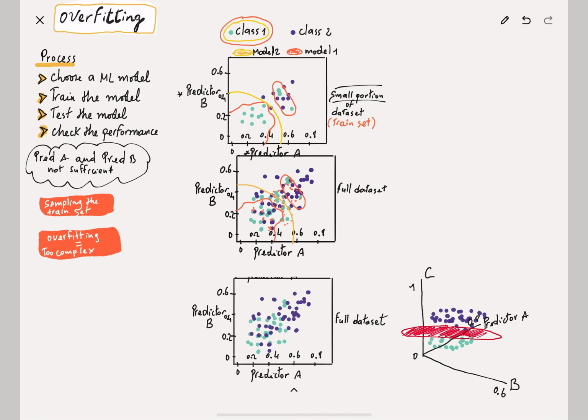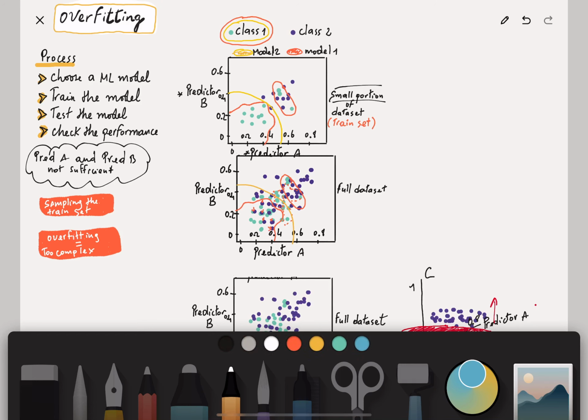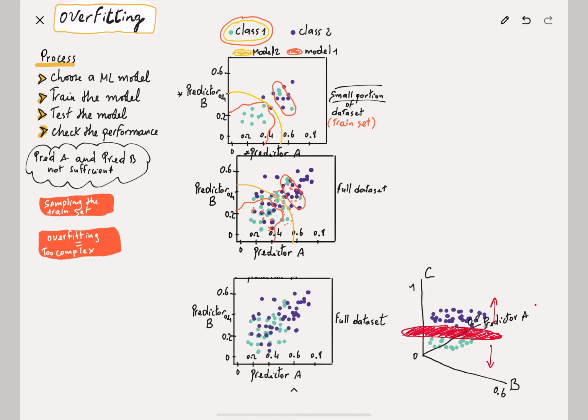What the plane does is separate the classes into two. Some are above and some are below, right? And maybe this is going to be the best model, because anything below here is going to be class 1, and anything above there is going to be class 2, right?